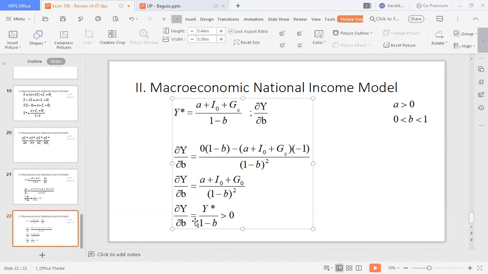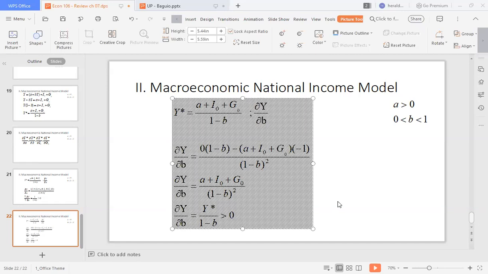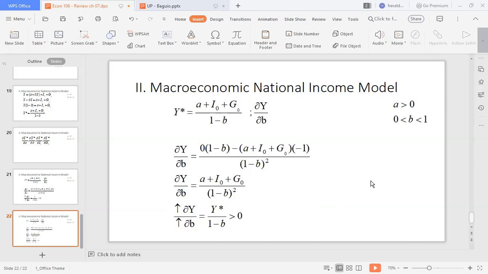So what this tells us is that an increase in B would also result in an increase in Y. Now, guys, because we're talking about macroeconomic variables here, a change in your B, class, will have a huge effect on your Y star. In policy, if you manipulate B, it will have a huge effect on Y star.